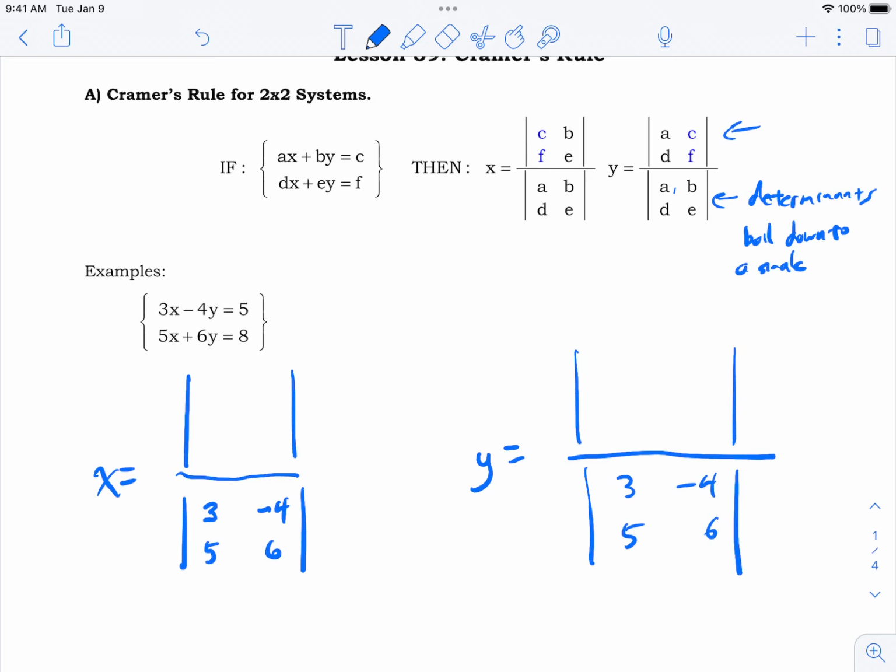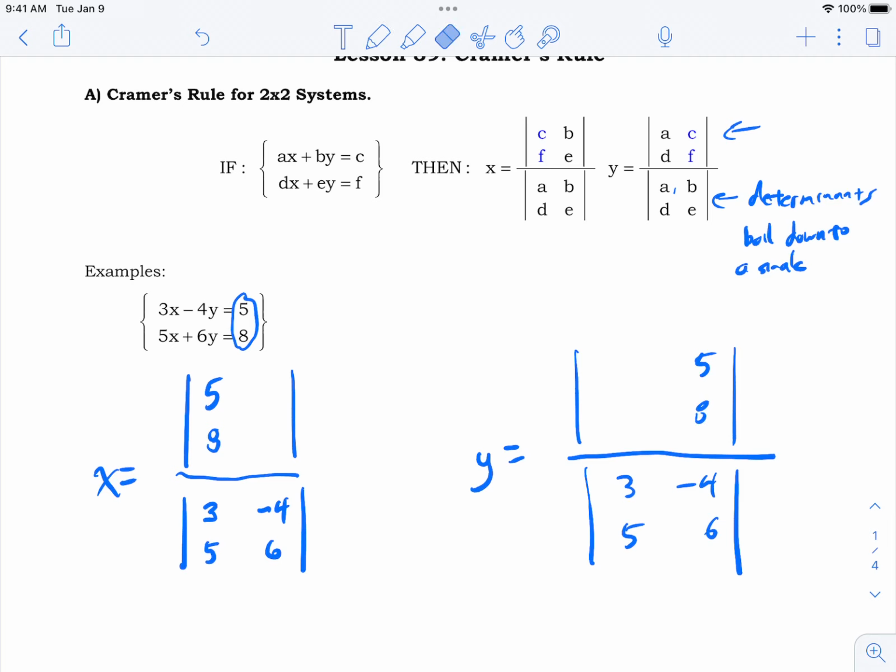But here's where we start using the numbers on the right. If you think of this as sort of an x column and a y column, just loosely speaking, then if you're solving for x, you put the 5 and the 8 in the x column. If you're solving for y, you put the 5 and the 8 in the y column.